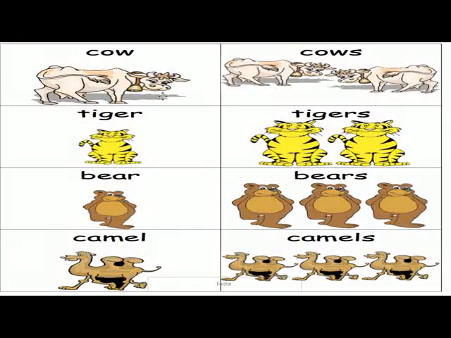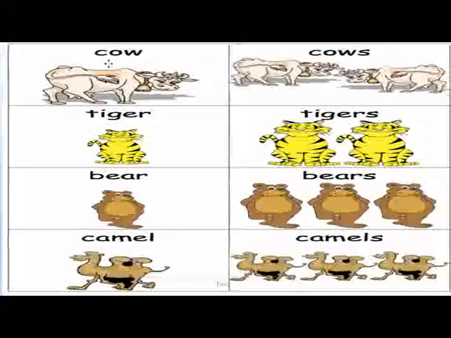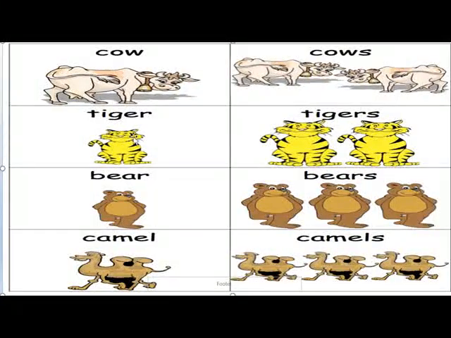See here, cow with cows, tiger, tigers, bear, bears, camel, camels. If you notice here, there is S at the end of each noun.